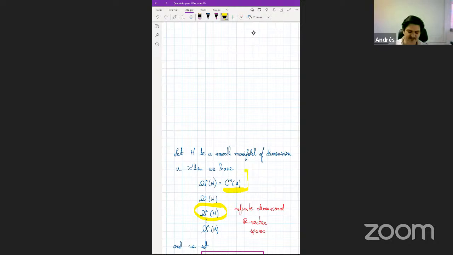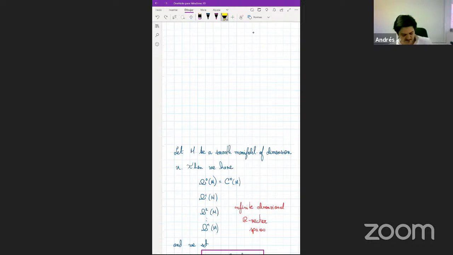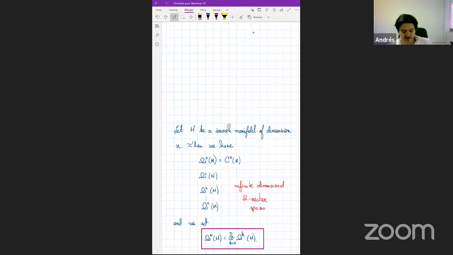But remember that this is not a field, so that's why it's not a vector space, but it will be a module over the ring of functions. But for the time being, I only care about the linear aspect and the infinite dimensional vector space. And when we gather all of them, we will use this definition. So right there, you have all of the differential forms on the manifold of any degree whatsoever.